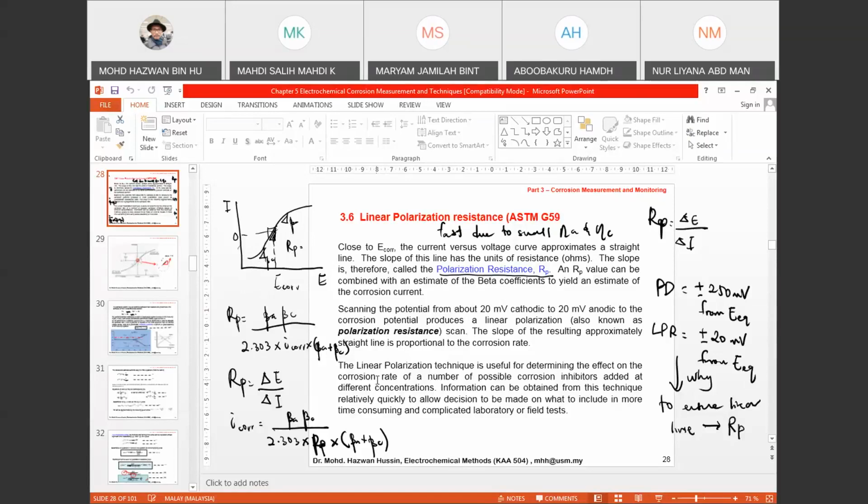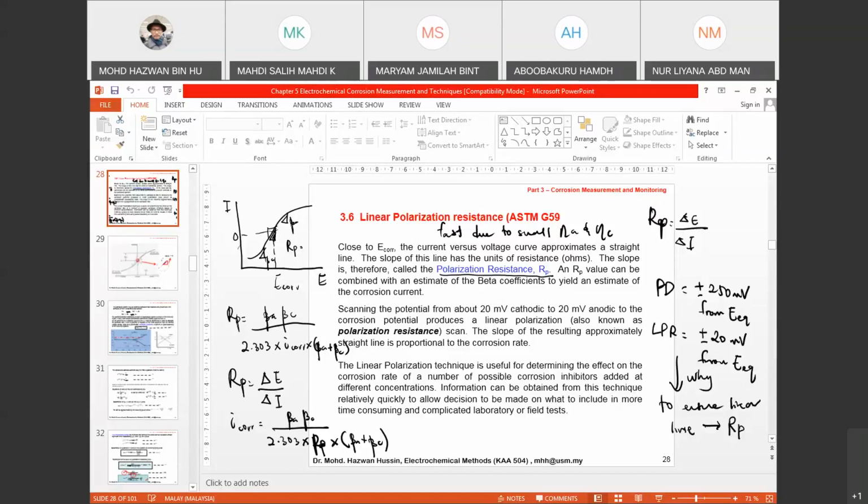All right. The other difference between potentiodynamic polarization and linear polarization is the overpotential range used in LPR testing, which is around plus minus 20 millivolt, as compared to potentiodynamic polarization at plus minus 250.